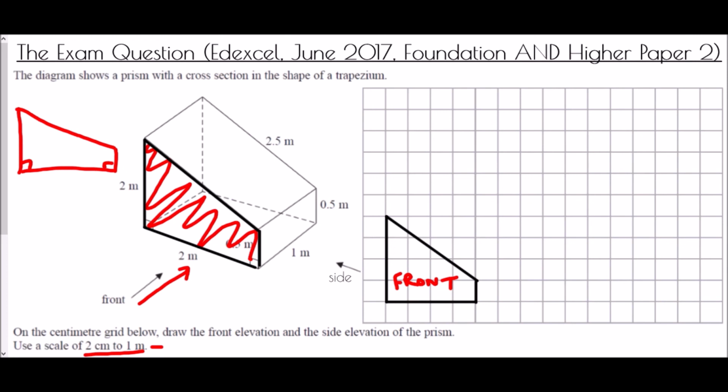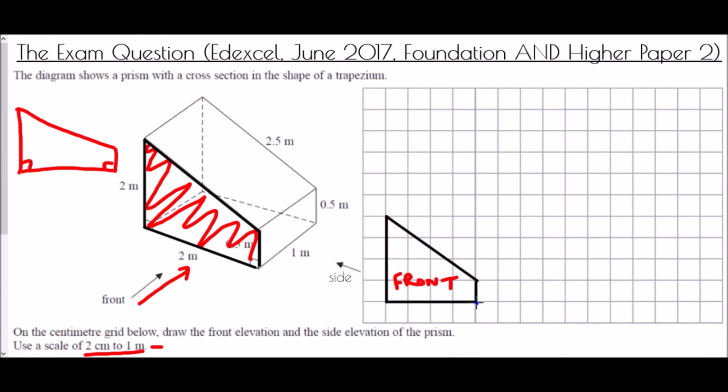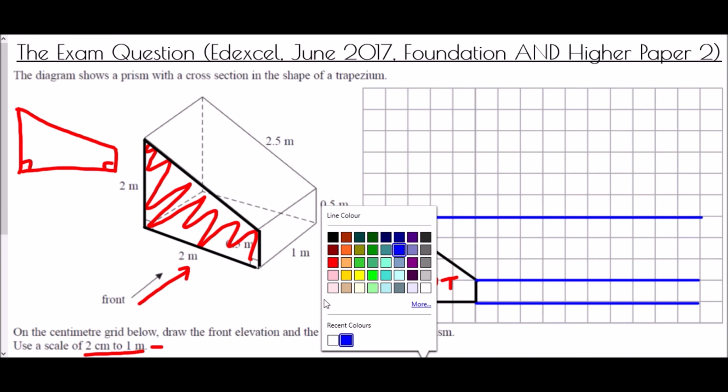Now comes our little trick that I showed you with the guidelines, because we can make sure that we definitely have our side piece all looking correct by just adding in little guidelines from each of the corners, because the side must match up with the front. And so all we then need to do is make sure we draw everything accurately.